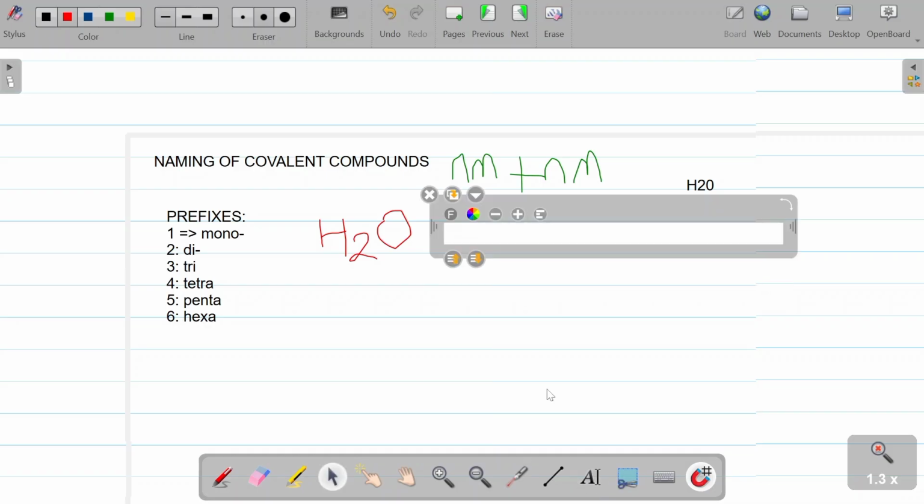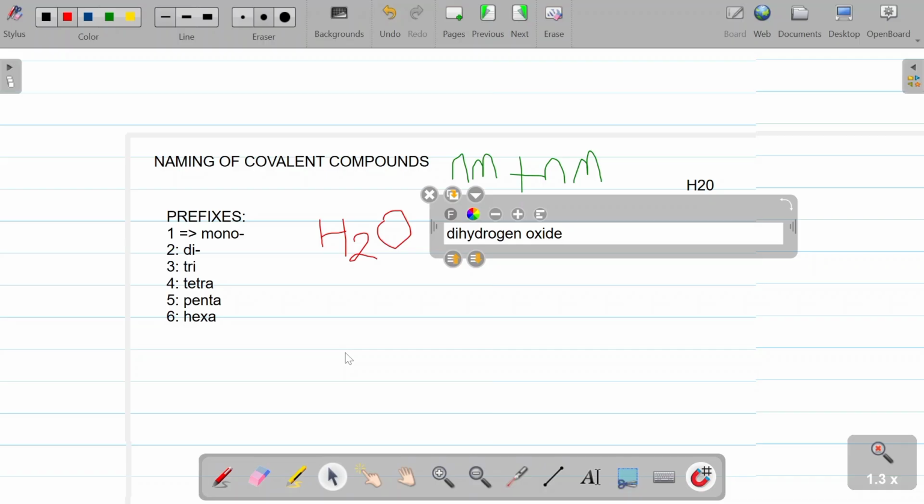Let's name it. The process of naming it is kind of similar to ionic compounds. We name the first element and the second element. So we have two atoms of hydrogen. Now what does that represent? Di. What's the prefix rather? Di. So we say dihydrogen, meaning two hydrogen, oxide. That's basically it.